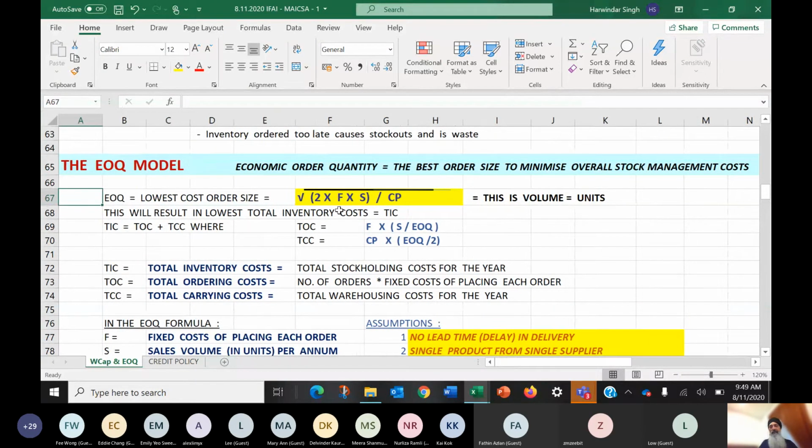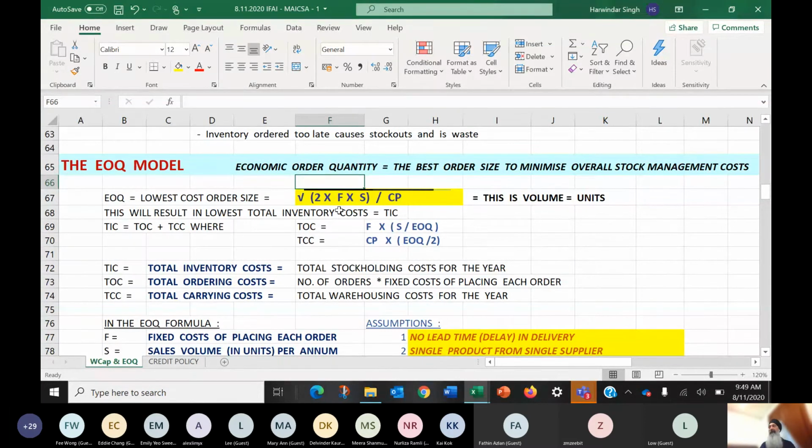How do we measure this? Well, EOQ, the lowest cost order size, is the square root of 2 multiplied by the fixed cost of placing an order, that's F, multiplied by the sales quantity for the year projected.